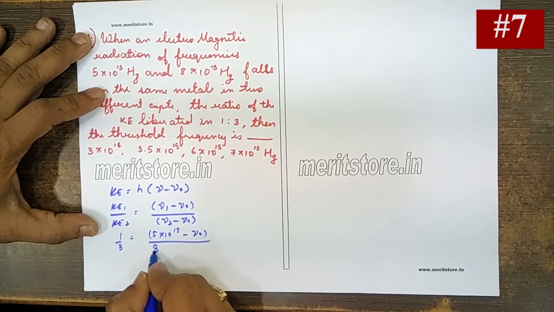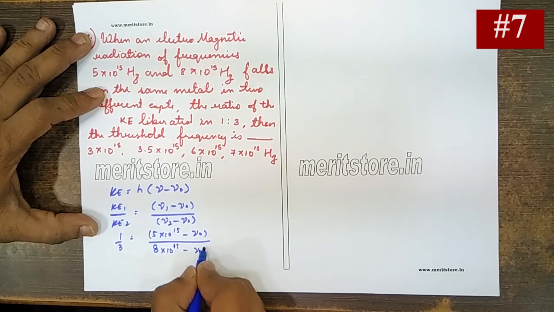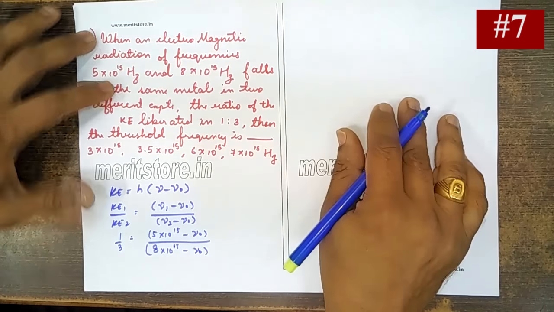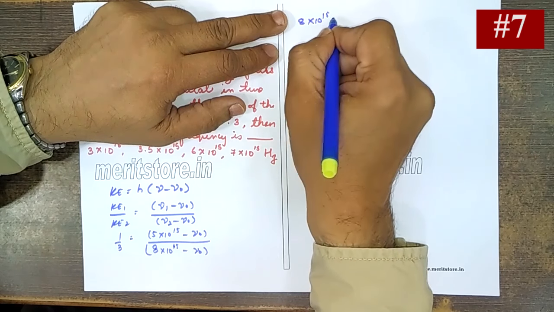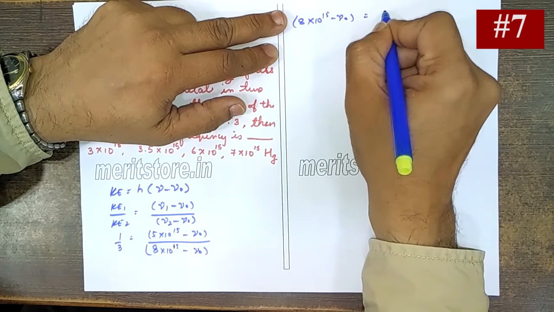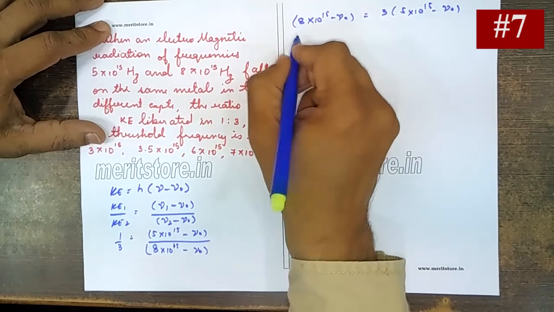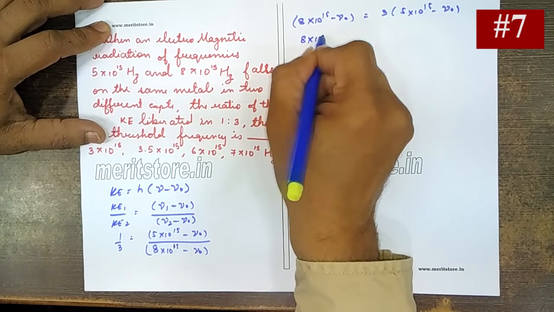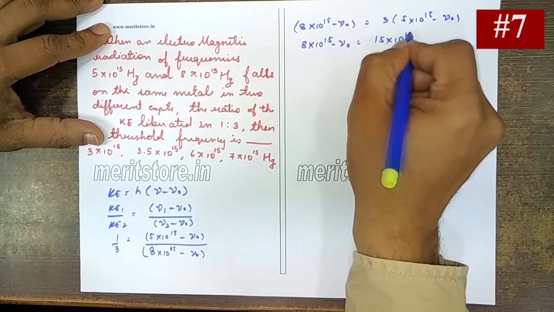We cross multiply, so this will become 8 into 10 raised to 15 minus nu 0 is equal to 3 into 5 into 10 raised to 15 minus nu 0. So this is 8 into 10 raised to 15 minus nu 0 is equal to 15 into 10 raised to 15 minus 3 nu 0.